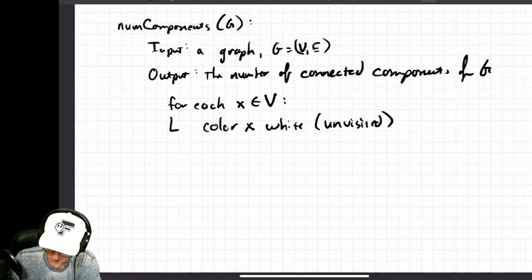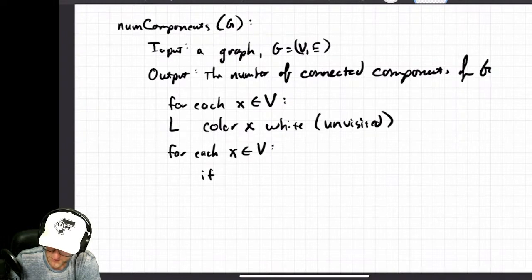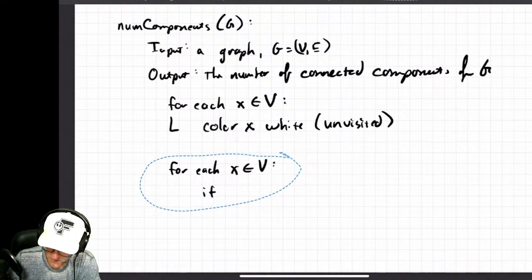And then I'll go again for each vertex X in V, right? Let me give myself some more room here. I'm going to move this down. There we go. And I'll come back up there in a second.